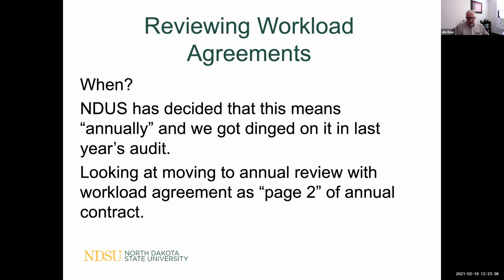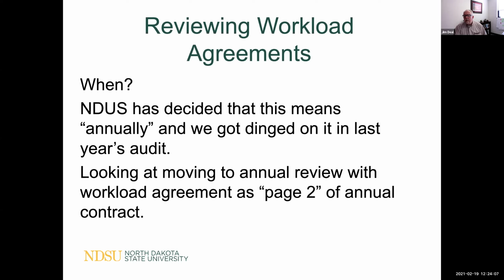It's my understanding that what we're looking at right now, and I know John and Margaret are online here as well, if you guys want to jump in and make any comments, is implementing that annual review process the way the board is interpreting it, and doing it in the spring, early summer, with that workload agreement really as page 2 of that annual contract, right?